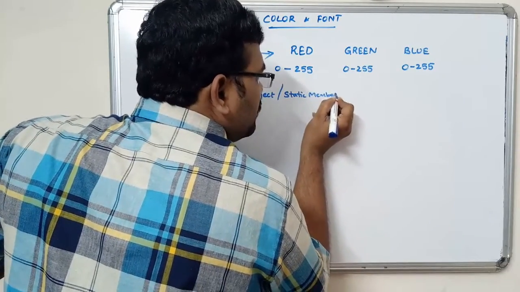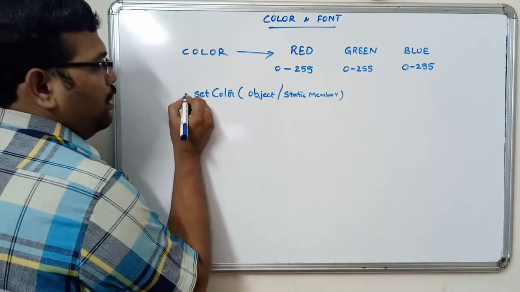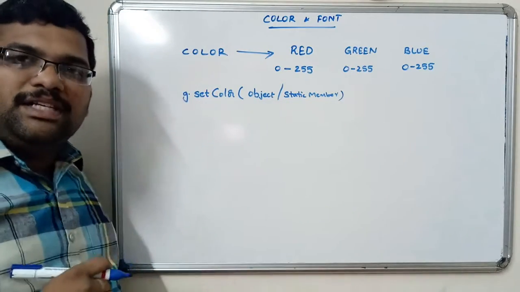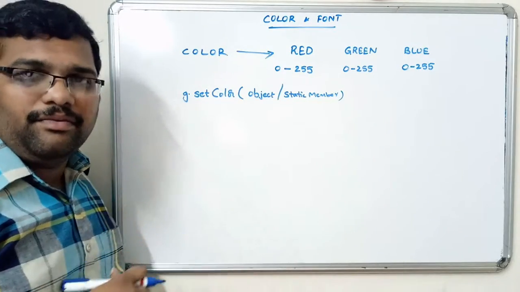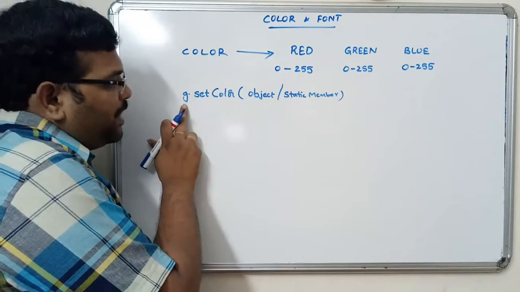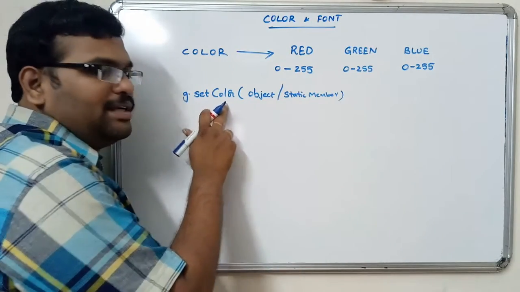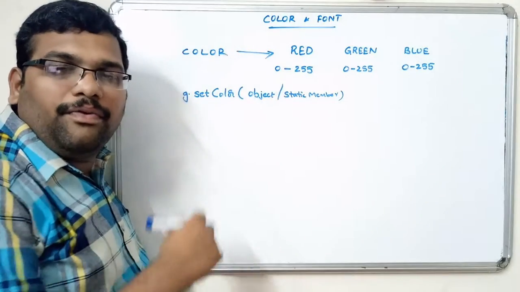Let me explain these. G is nothing but an object of the graphic class. The object of the graphic class dot setColor is used to set the given color to the following font.